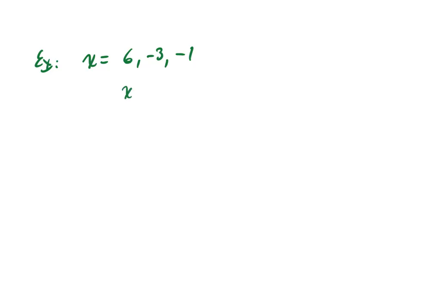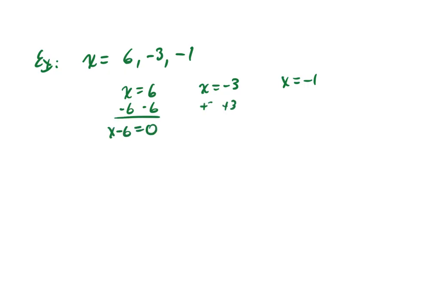We start by letting x equal each of those. So x equals 6, x equals negative 3, x equals negative 1. So we take the 3 solutions and just create 3 little individual equations. Then get 0 on a side for each. So move the 6 across, getting 0 on the right.